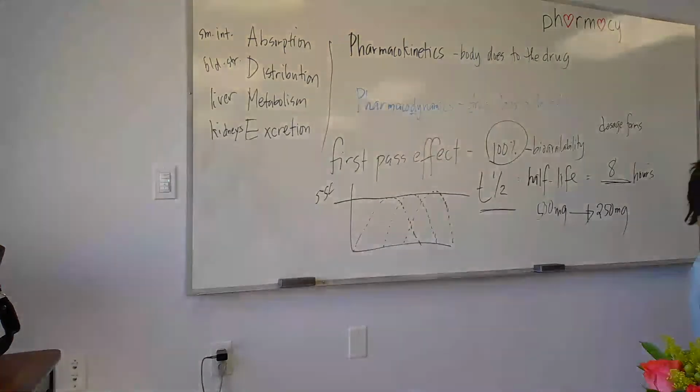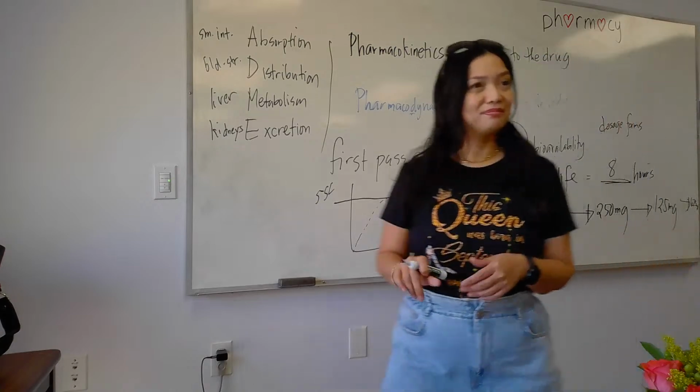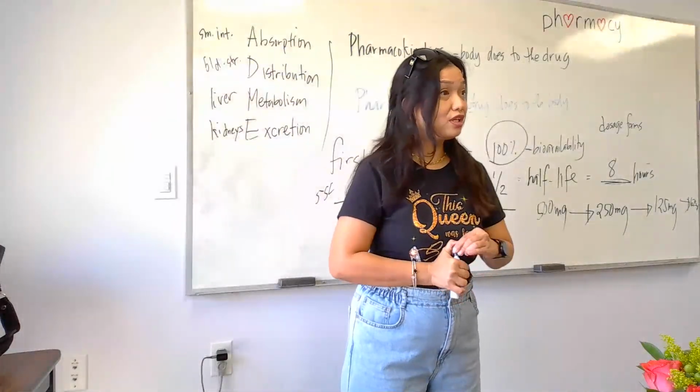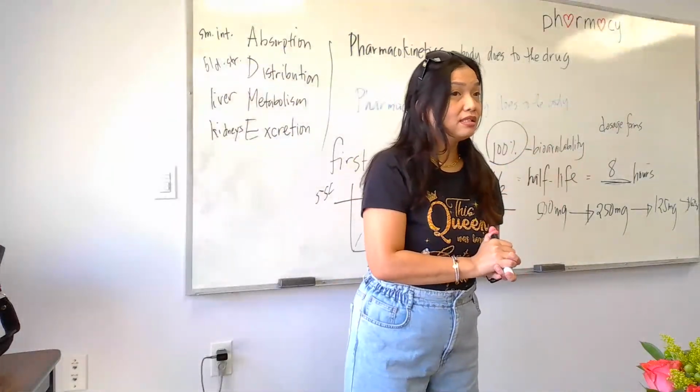On the 16th hour, how much is in your system? 125. On the 24th hour, how much is in your system? 62.5. And it keeps on going. Right? And that's why it takes a while for a drug to be off of your system.